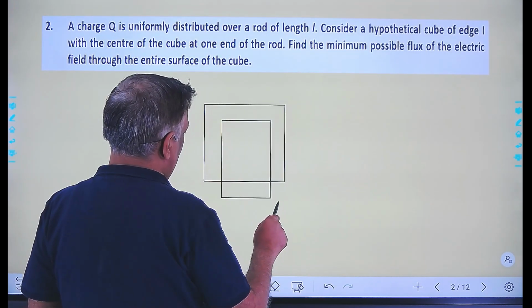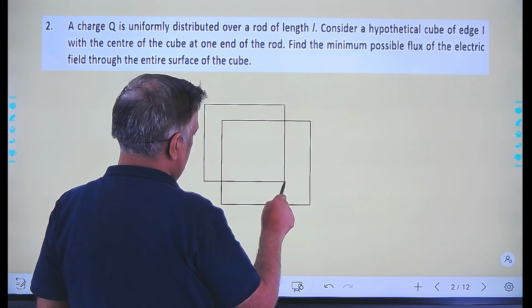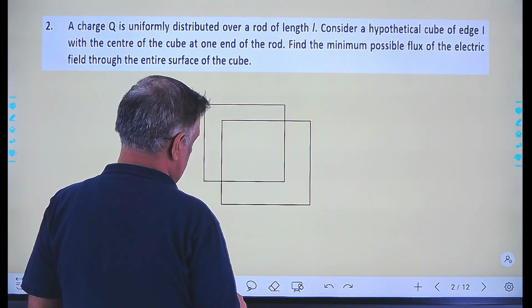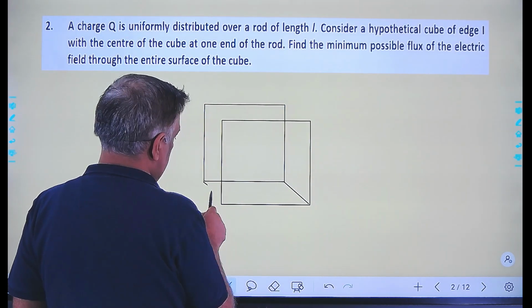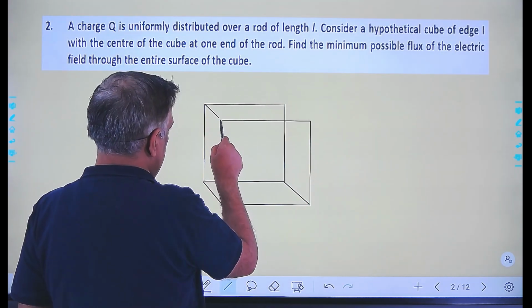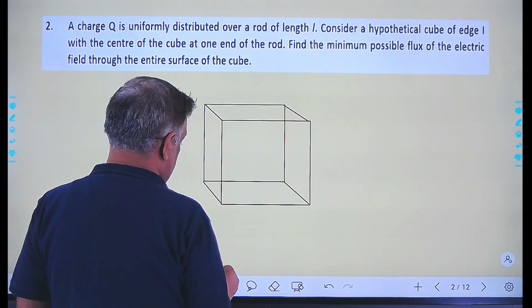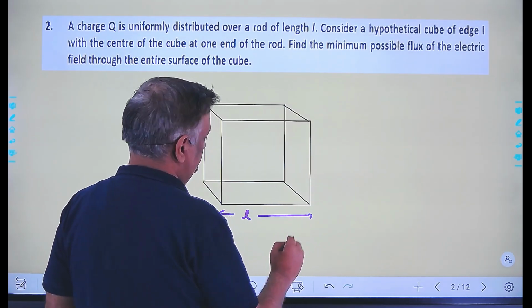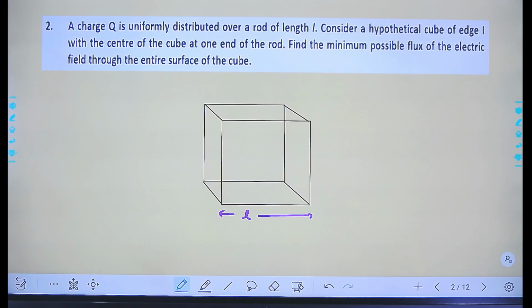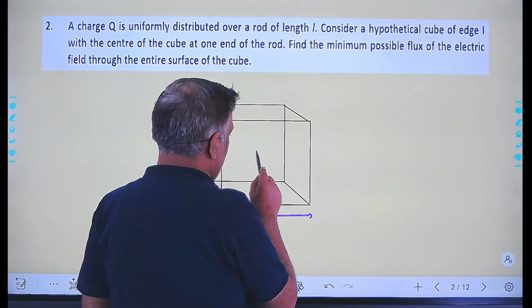So let's make a cube of edge length L. A rod is placed at its center. One end of the rod is at the center. Means you have a rod like this.